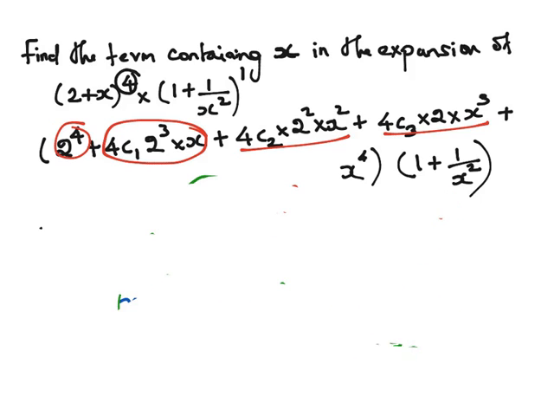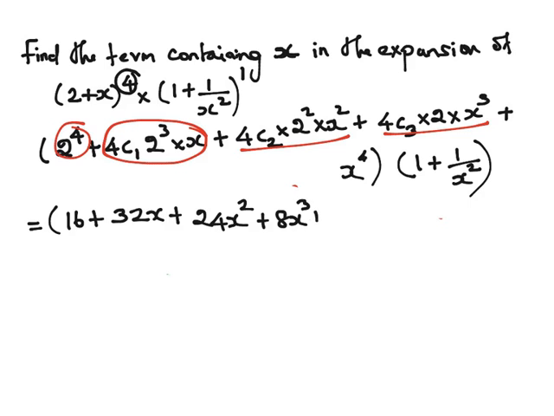Okay, so let me expand it once more. So I'll get 16 plus 32x plus, you'll get 4 into 6. 4c2 is actually 6, so you'll get 24x squared plus 8x cube plus x power 4 multiplied with 1 plus 1 by x squared.